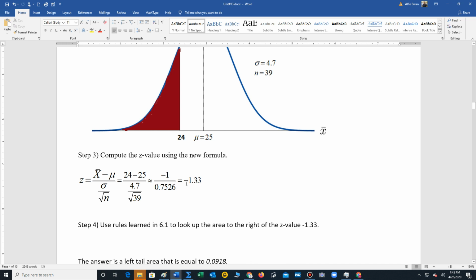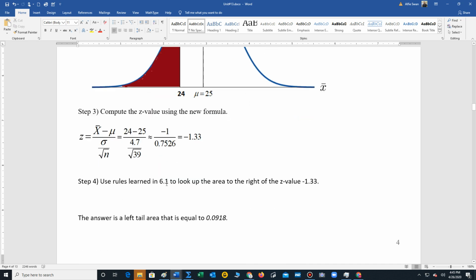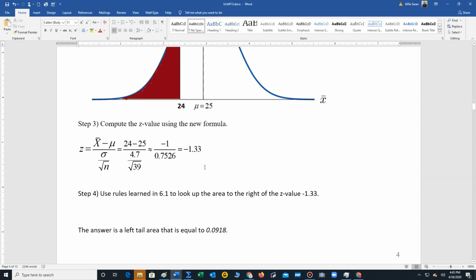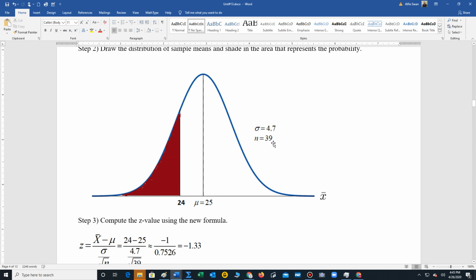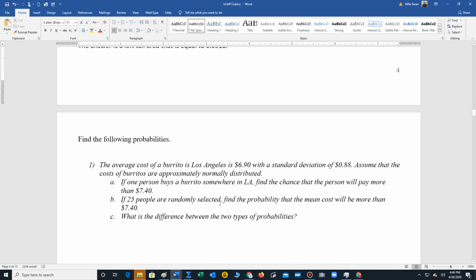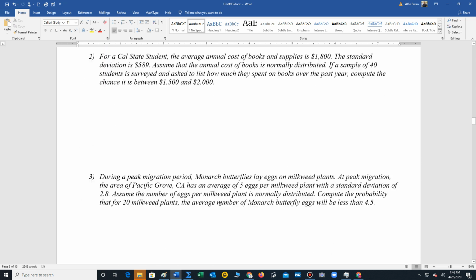So that's going to allow us to look up the z value in table E. So now we turn to table E, we look up negative 1.33, and we find the answer. The answer is 0.0918. So the chance that the average age of the 39 students will be less than 24 is 0.0918, about a 9% chance. And I have a couple of other examples for you to try.